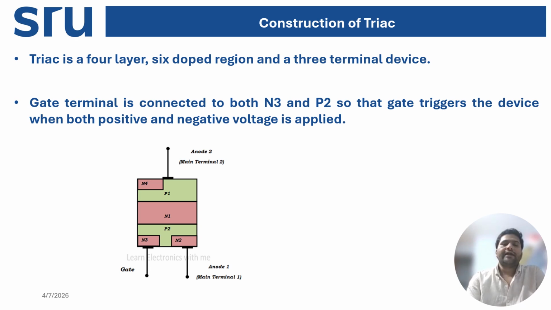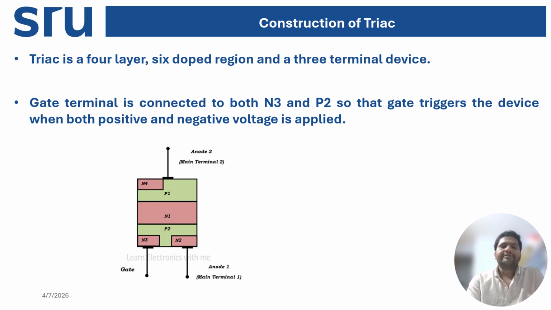So the TRIAC can be understood as two SCRs connected in anti-parallel with a common gate terminal. One SCR, silicon controlled rectifier, conducts during the positive half cycle, and the other conducts during the negative half cycle.